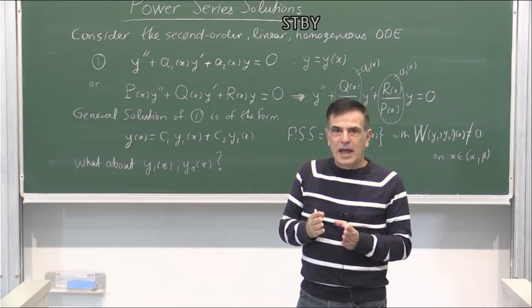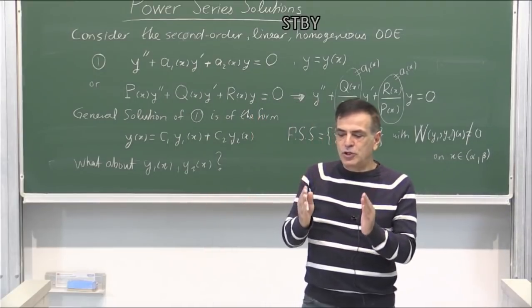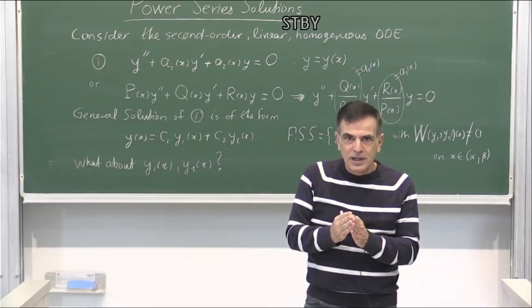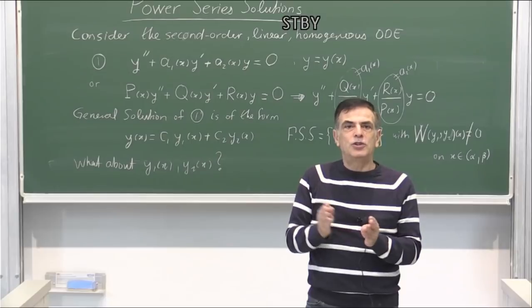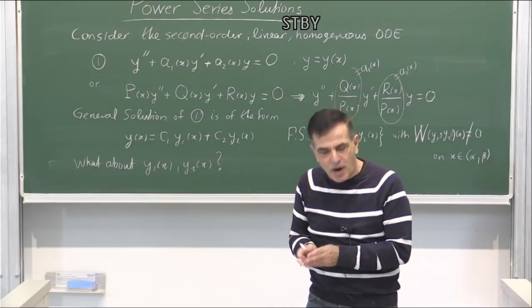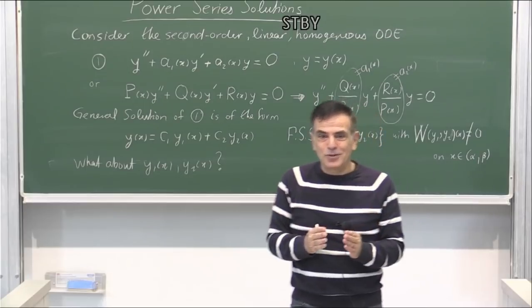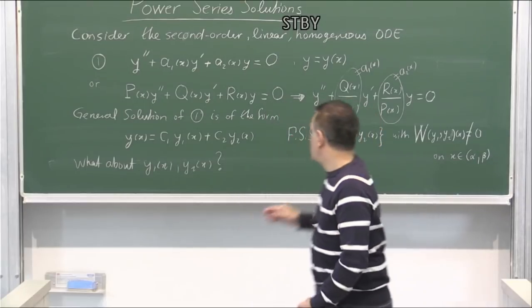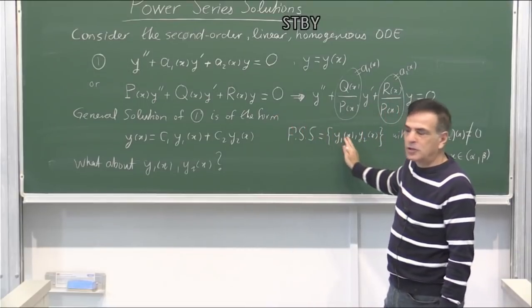If you recall that whenever the solution of the corresponding homogeneous equation is known, it is always possible to find a particular solution using the method of the variation of parameters. So it is of crucial importance to find the solution or two linearly independent solutions of the corresponding homogeneous equation.